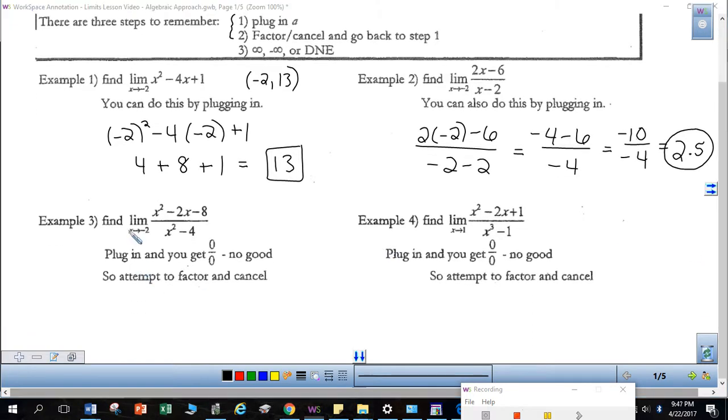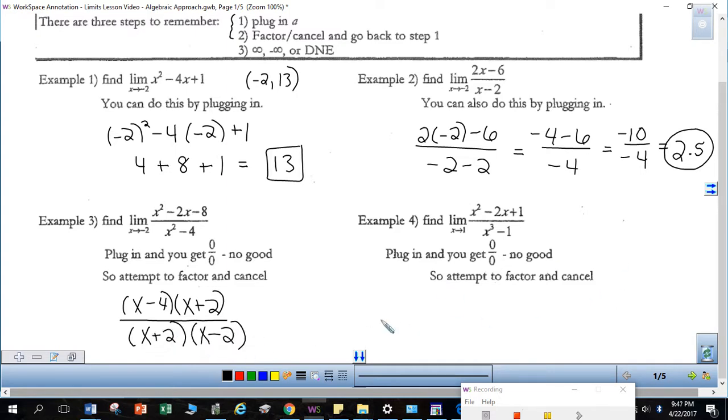In the next one, looking at the limit as x approaches negative 2, if we try to plug it in, we end up getting 0 over 0, which is no good. So we're going to attempt to factor and then cancel. Let's factor our numerator into x minus 4 times x plus 2, and we'll factor our denominator into x plus 2 times x minus 2.